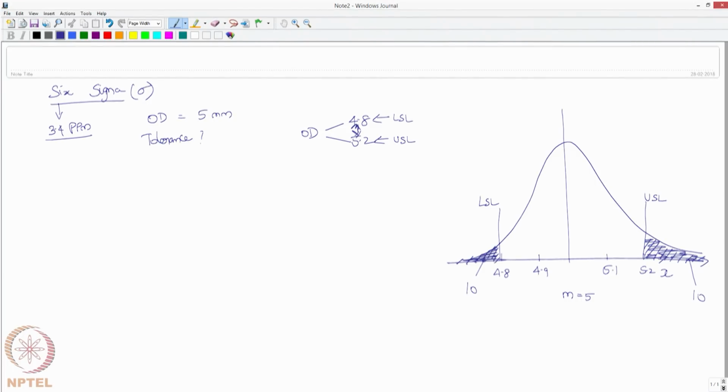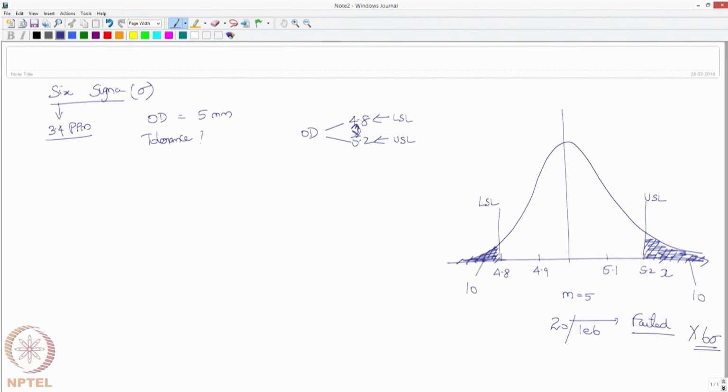About 20 components in the million components that you made failed. So, this is not a 6 sigma process because I can fail only 3.4 parts. So, it should have been about 3 parts, right.